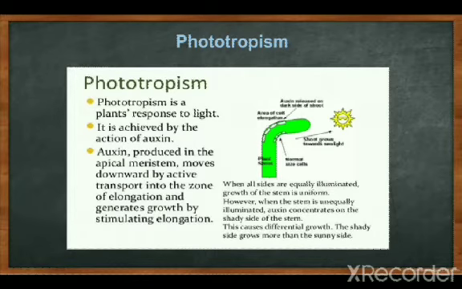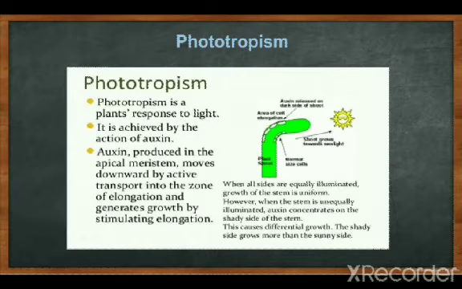However, the second plant, which was kept in a room and received light from one side, will be bent towards the light. This is the observation. The conclusion is that the movement of the plant is caused by the action of the auxin hormone. The auxin hormone is formed by the meristematic tissue at the tip of the stem.